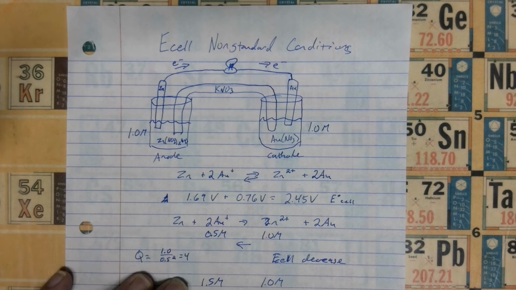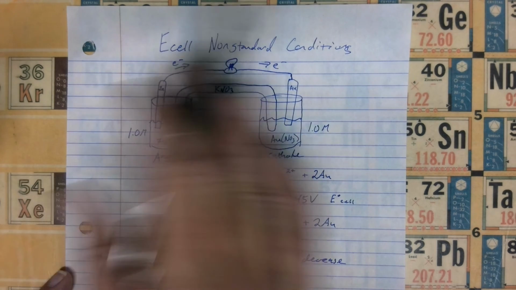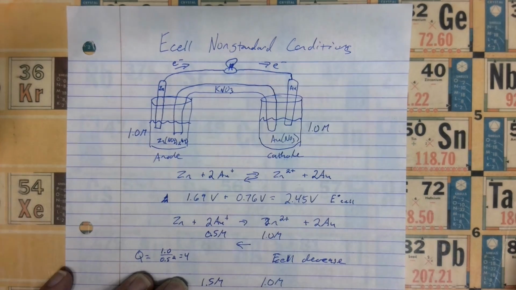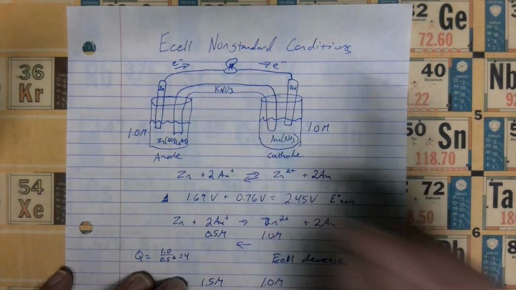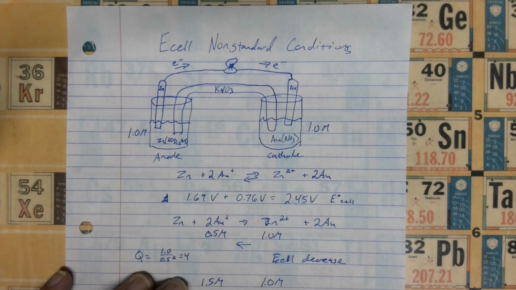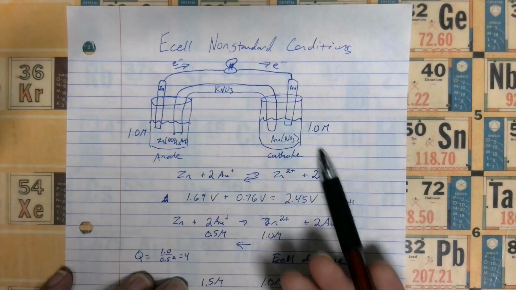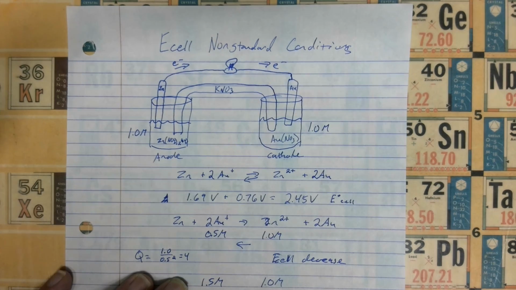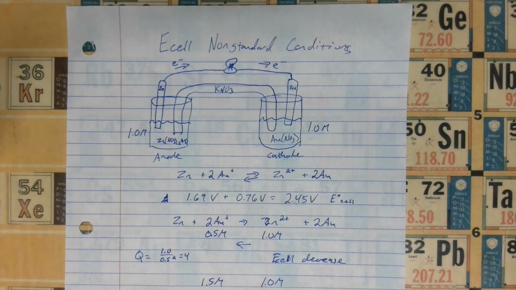So the total net flow of electrons is zero. So our light bulb goes out, our phone dies, our car dies, whatever. And in the case of your phone, you can recharge that. So we plug it into the wall, and what happens? It reverses that reaction.